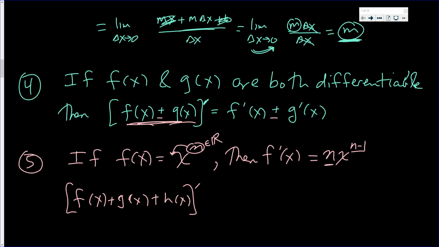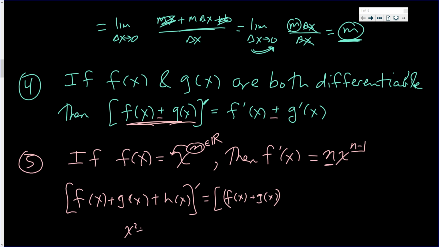You can say, oh my, this stuff is so hard. I was only told how to take the derivative of a sum or difference when there were just 2 functions. Well, when you add 2 functions, you get a function. Think of f of x plus g of x as one function.